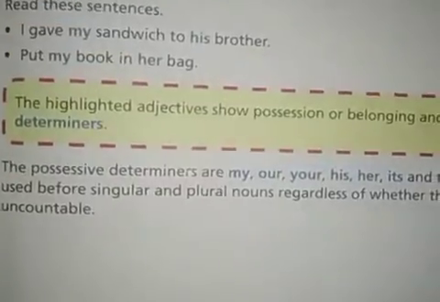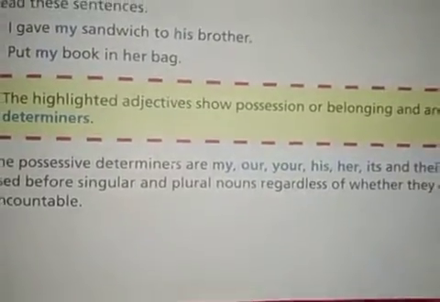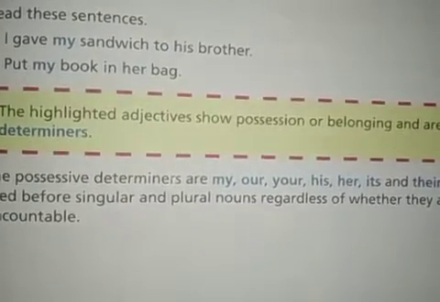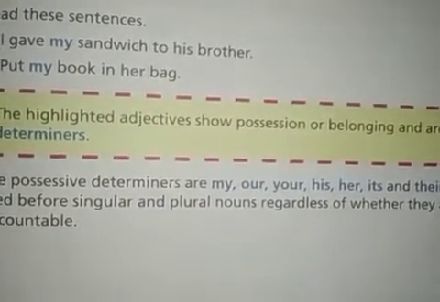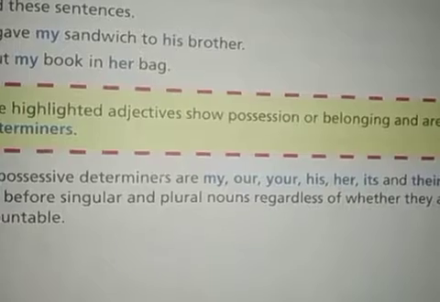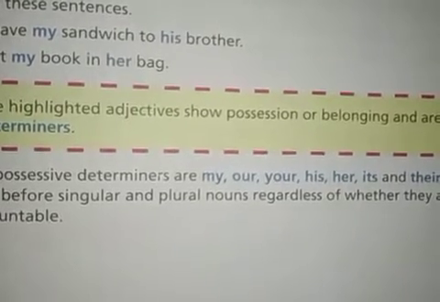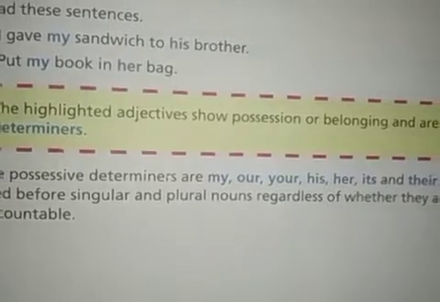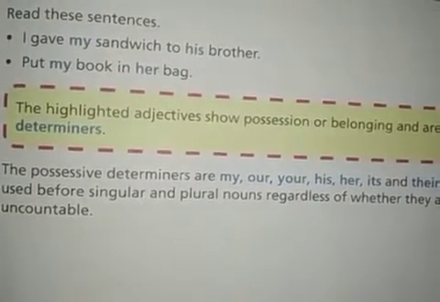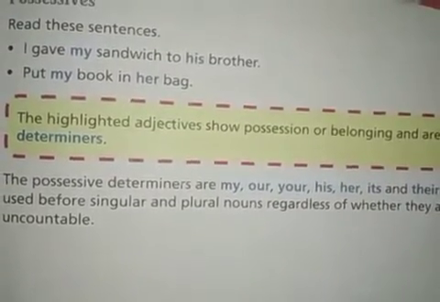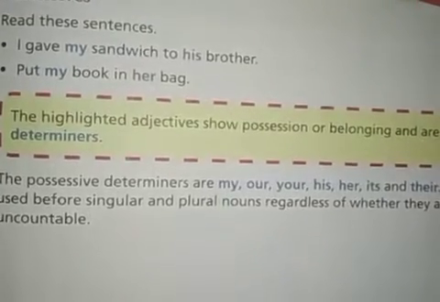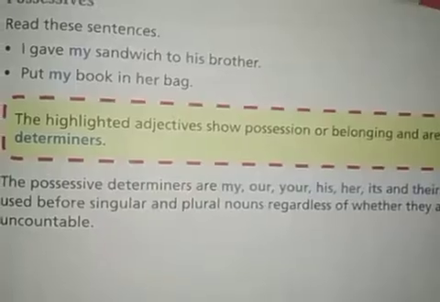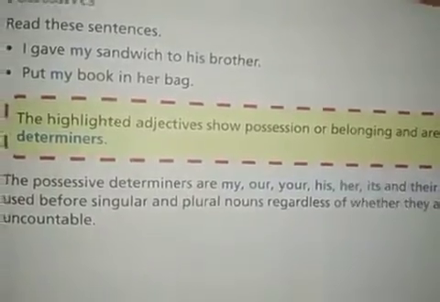So possessive determiners can be used with singular nouns also and plural nouns also, and whether they are countable or uncountable, that is not the thing to worry about. Okay, so regardless means it can be singular or plural, and countable or uncountable. With all the nouns we can use these possessive determiners.